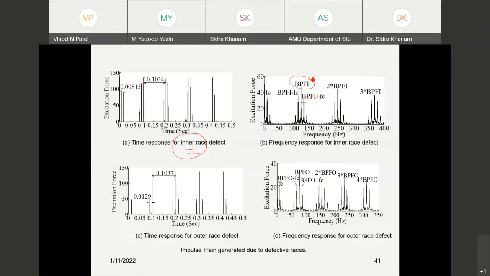In case of an inner race defect, which rotates with shaft frequency, along with that we get the frequency FC and its harmonics along with BPFI. If the defect is designed for the outer race, then these are the impulses due to the outer race defect, and the time period between two of them, and the inverse of that, will give you the ball pass frequency of the outer race.